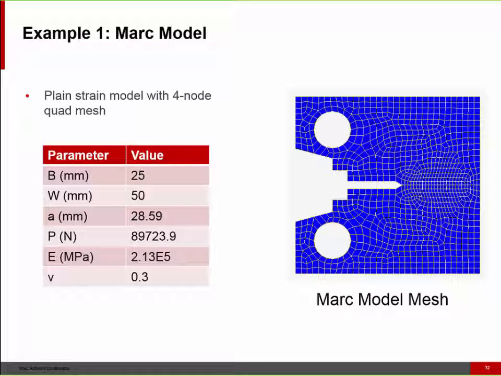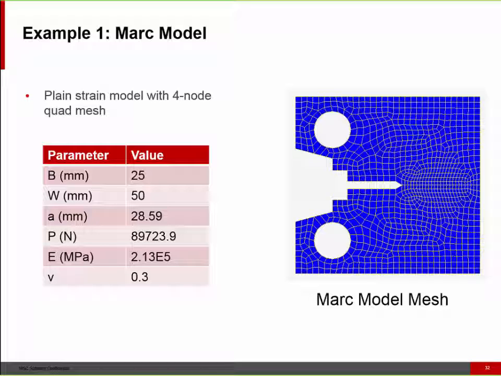For this model, I use 4-node plane strain elements, and this table shows the parameters used for the model, and the mesh is shown on the right-hand side.